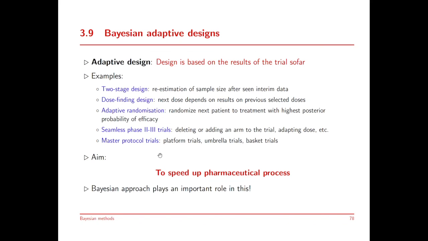Finally, Bayesian adaptive trials. Adaptive trials is a design that is based on the results of the trials so far. Two-stage designs are an example, dose-finding studies, adaptive randomization, seamless phase 2 or 3 trials, master protocols trials, platform trials, umbrella trials, basket trials. They all have the aim to speed up the pharmaceutical process. And the Bayesian approach plays an important role in this.